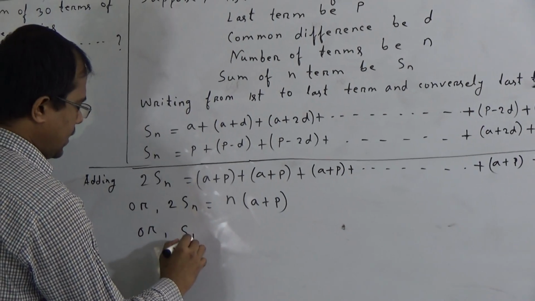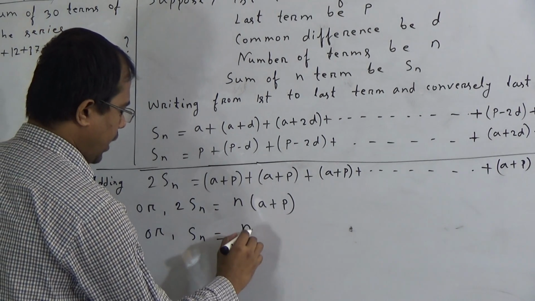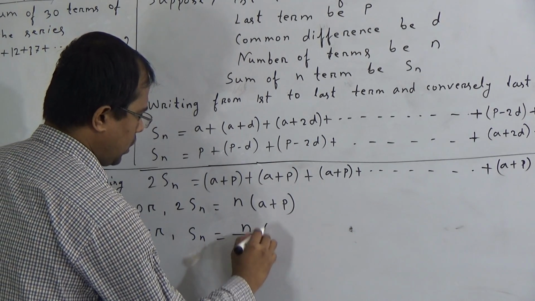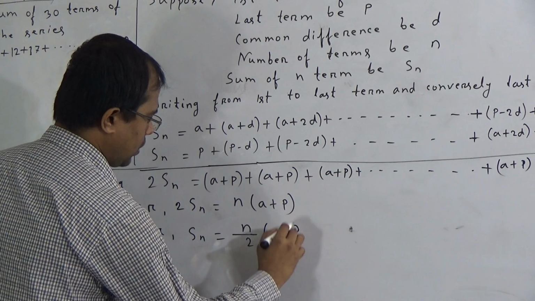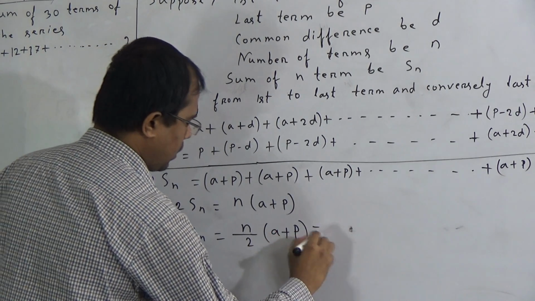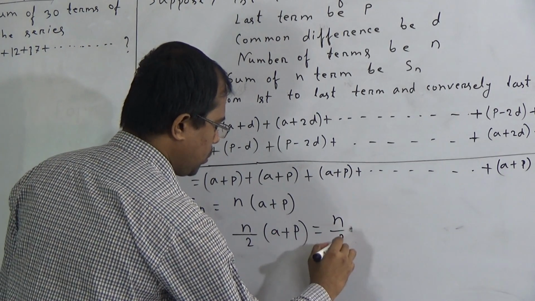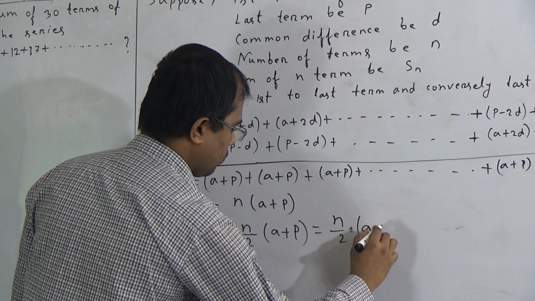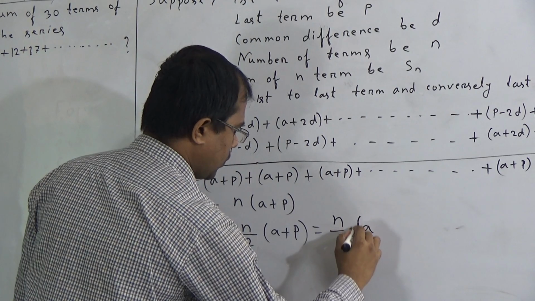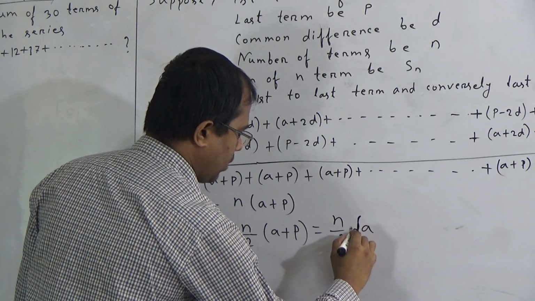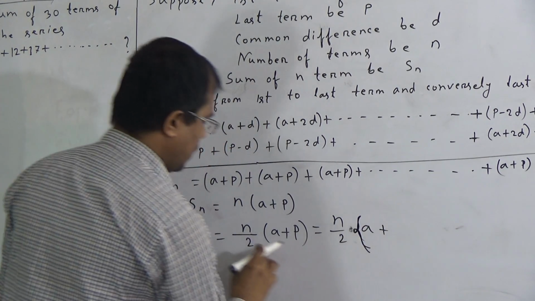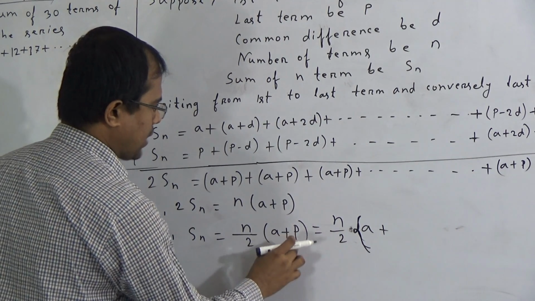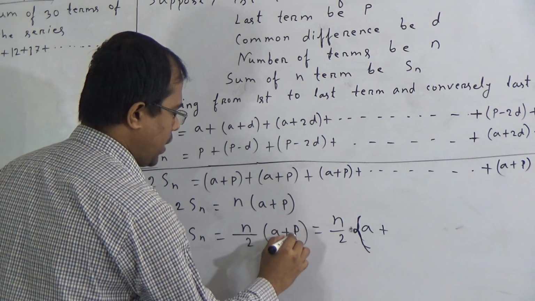Now, Sn equal to n by 2 into a plus p. Now this is equal to n by 2 into a plus, here we will give second bracket, a plus p. Instead of p, what can we write?